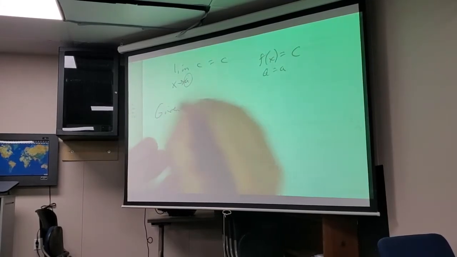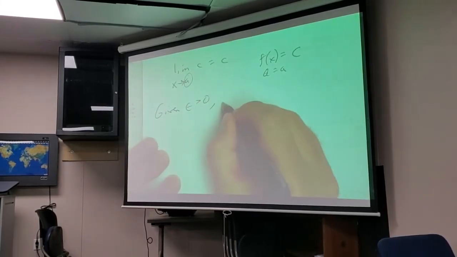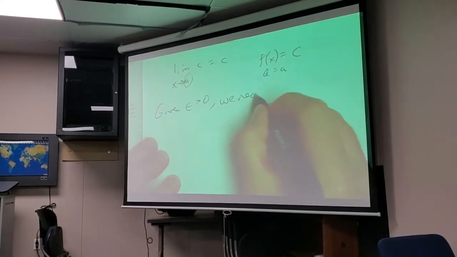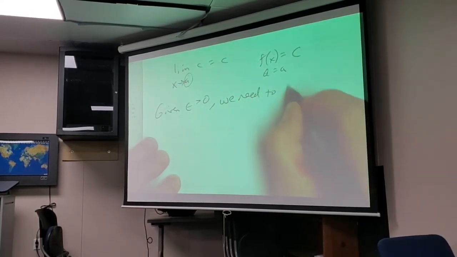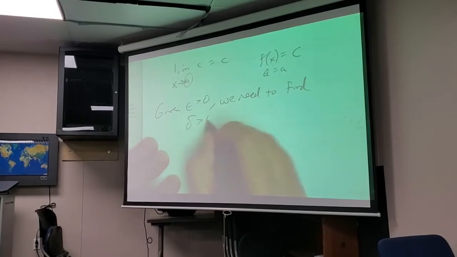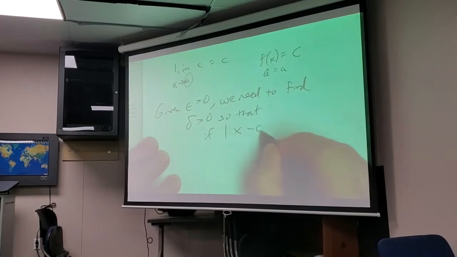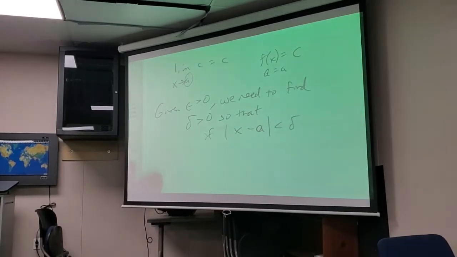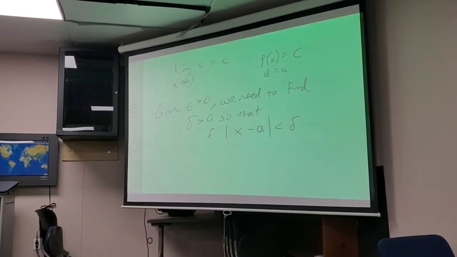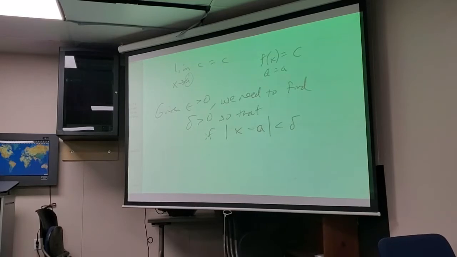So given epsilon greater than 0, we need to find delta greater than 0, so that if we are this close to a, our outputs will be arbitrarily close, as close as somebody wants it to be, to c.